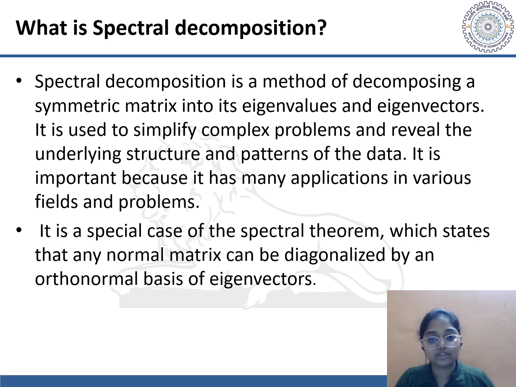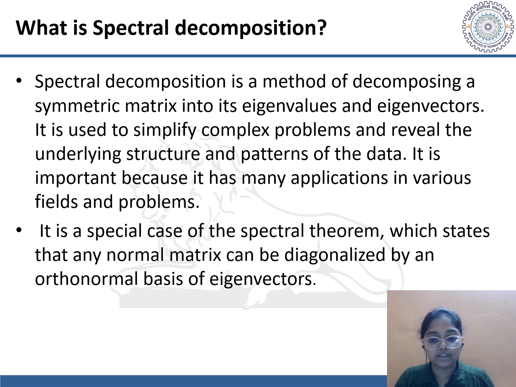The spectral decomposition is a method of decomposing a symmetric matrix into its eigenvalues and eigenvectors. It is used to simplify complex problems and reveal the underlying structure and pattern of the data. It is also important because of many applications in various fields and problems.